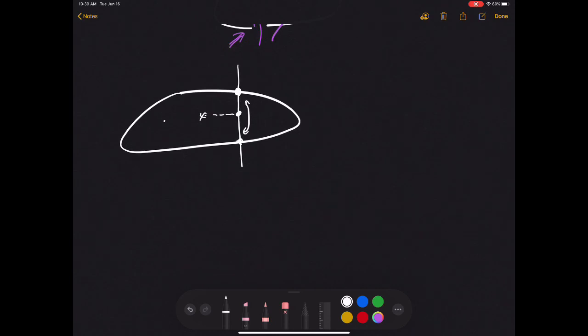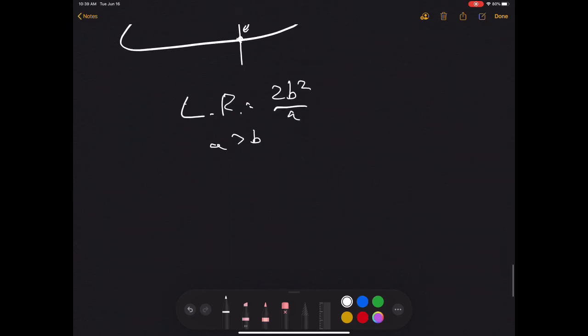The length of the Latus Rectum is 2b squared over a if a is greater than b. And vice versa, I'm pretty sure. So 2a squared over b if b is greater than a.